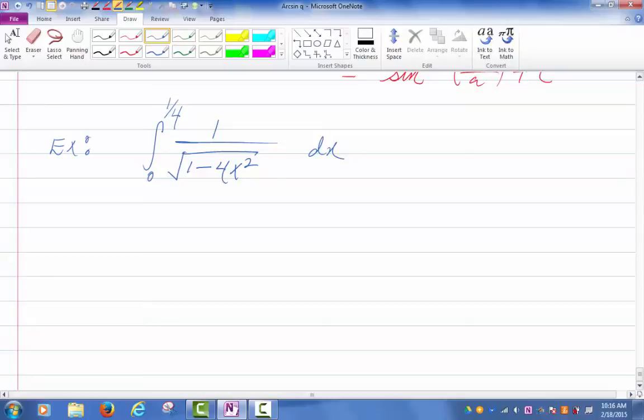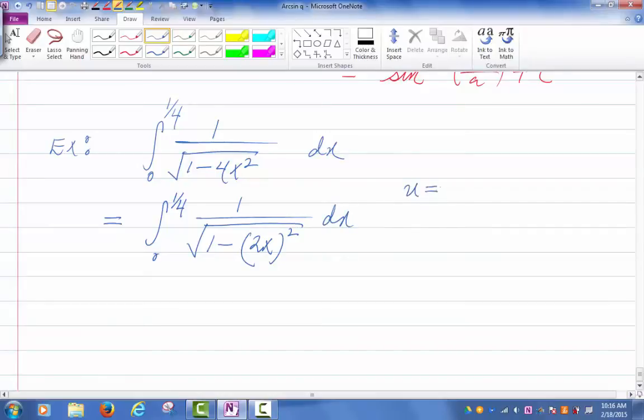Close. Let me make maybe one more line here. So this would be 1 minus 2x squared, right? So I should be picking u to be what? 2x. So if I pick u to be 2x, then I see that du would be 2dx.